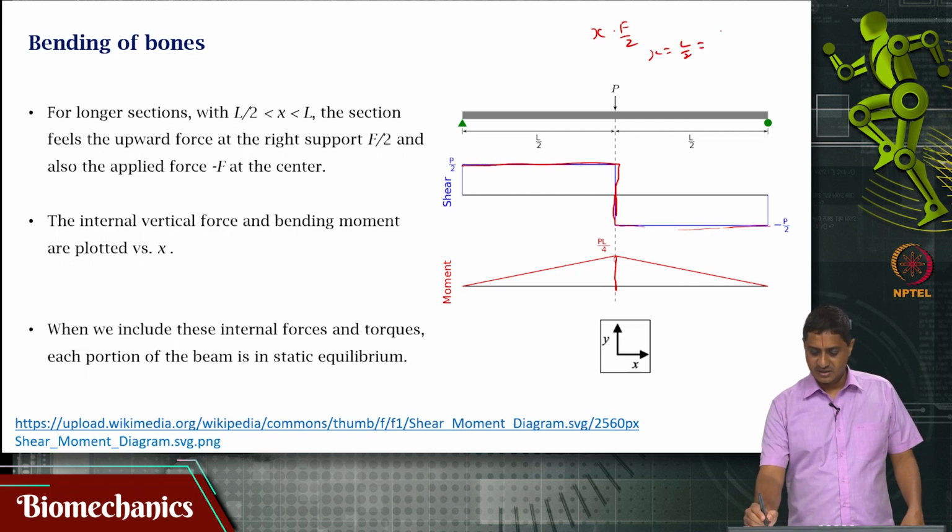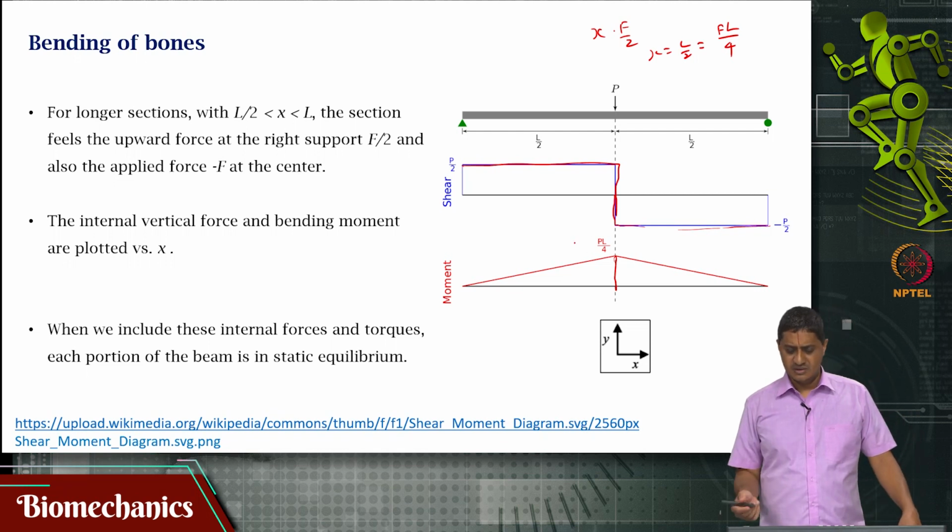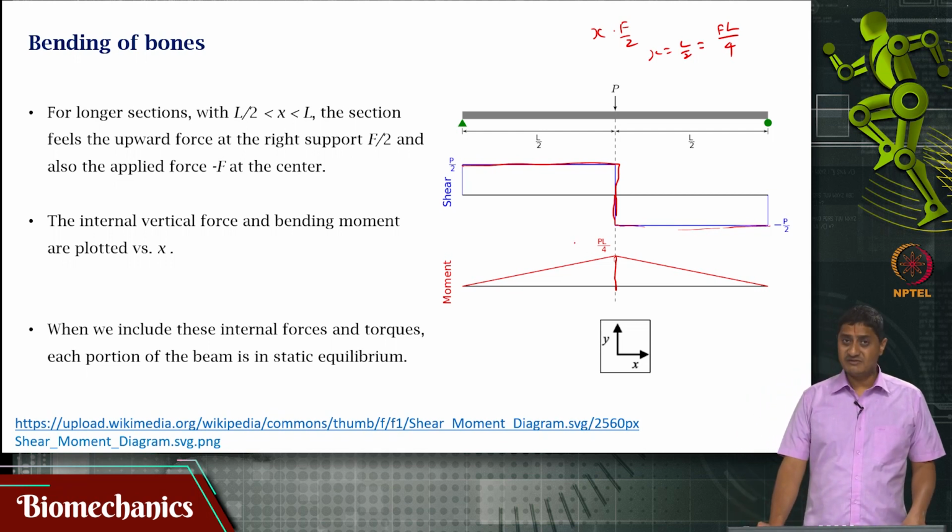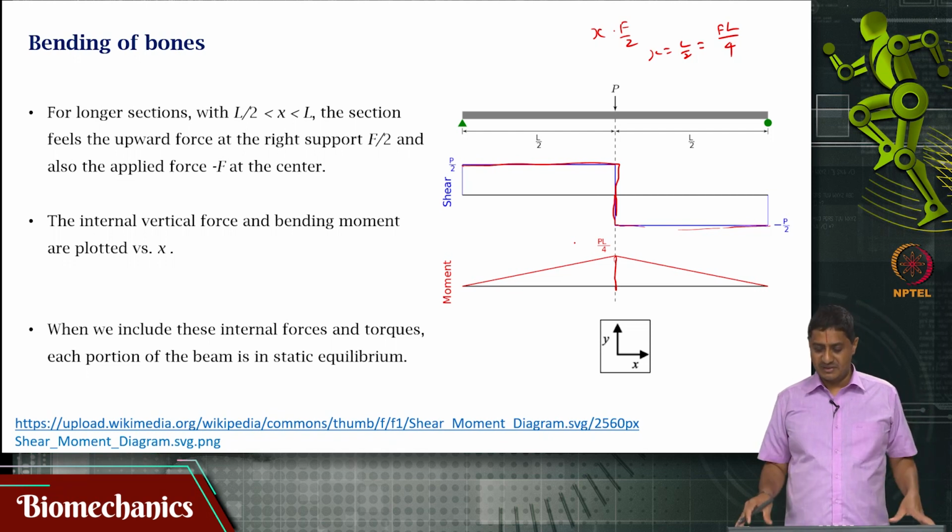So, the bending moment at the middle is F L by 4. In this case I am assuming a force to be P. So, that will be P L by 4, that will be the maximum bending moment, that is the point of maximum bending moment.